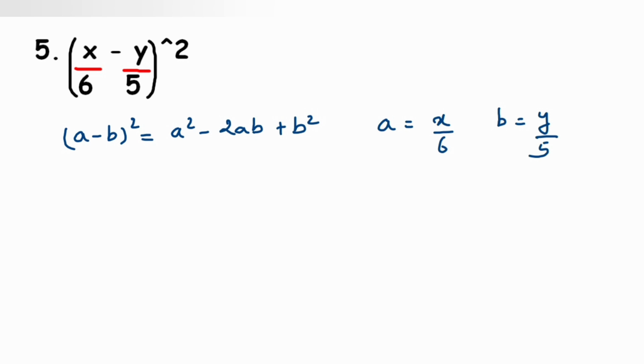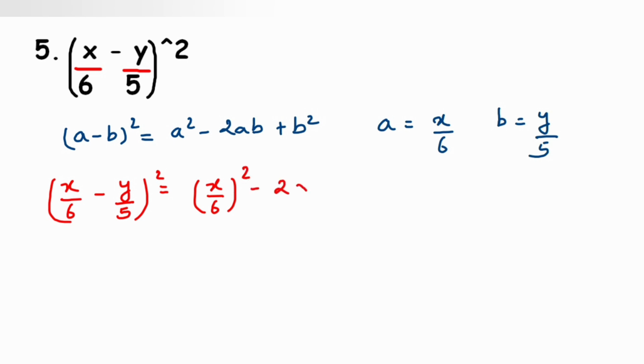So x upon 6 minus y upon 5 whole square will be equal to, so a square, it means x upon 6 square, minus 2 into a value x upon 6 into b value y upon 5, plus y upon 5 whole square.